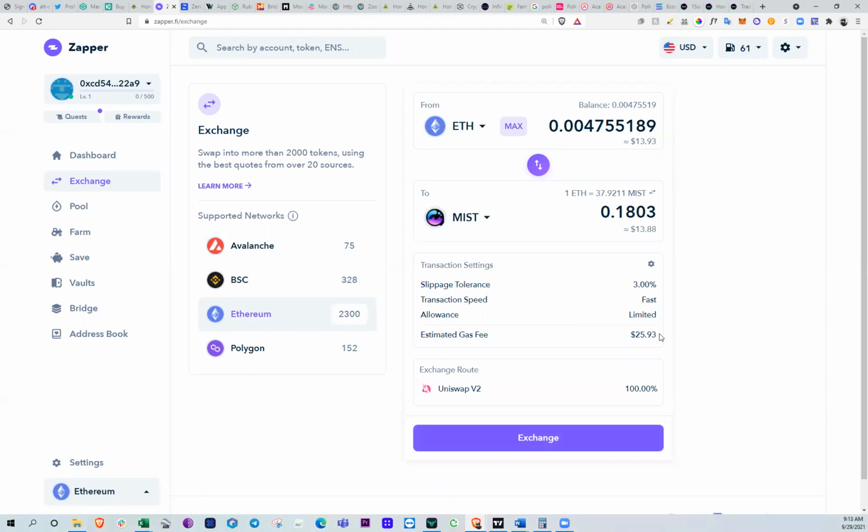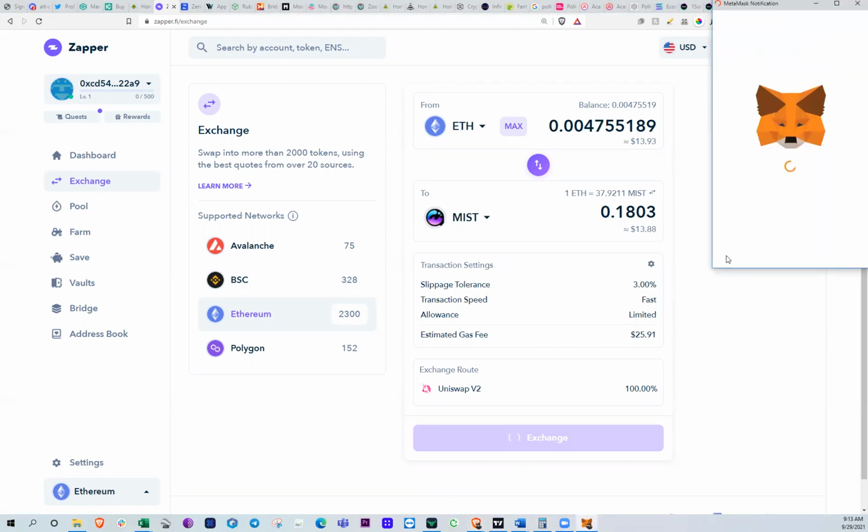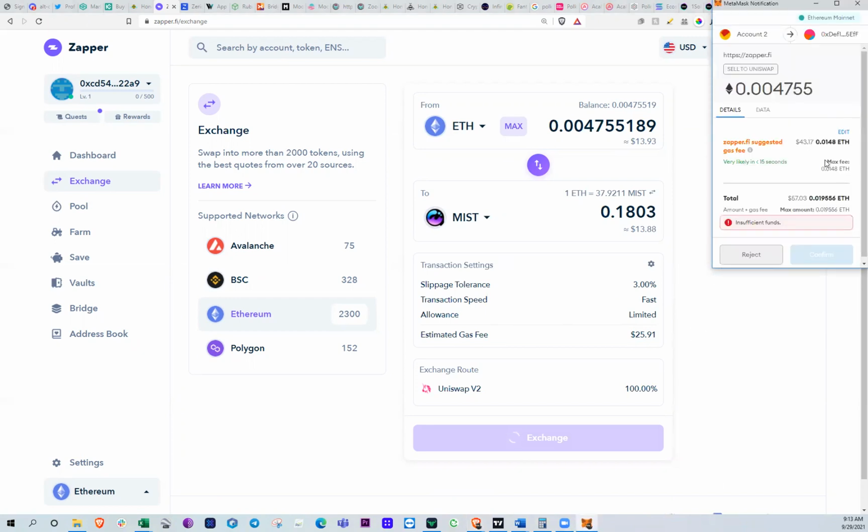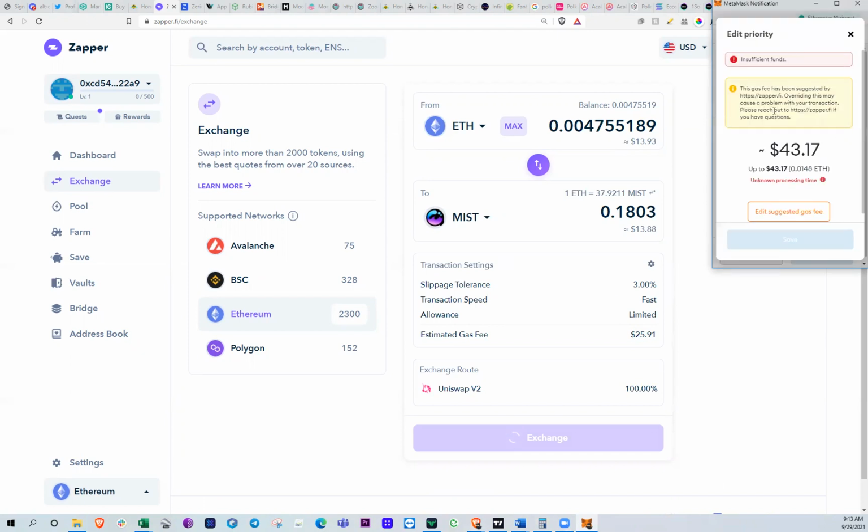Yeah, so $25 to do a $13 transaction. That's BS. And it might end up even being more. Yeah, so it ended up being more at 43 bucks to do a $13 transaction.